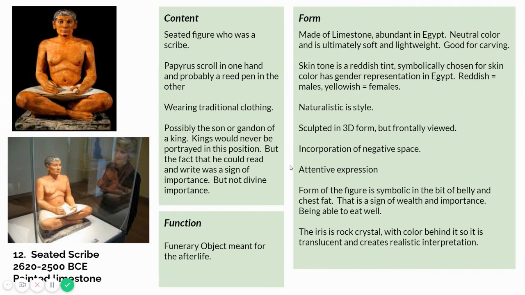We have this figure wearing traditional Egyptian clothing, and we believe that this person was possibly some sort of kinship to the king, maybe a son or a grandson of the king. But we know that this scribe was never a king himself. For one, you would never see the king in this position. But also the fact that this person could read and write was a definite sign of importance.